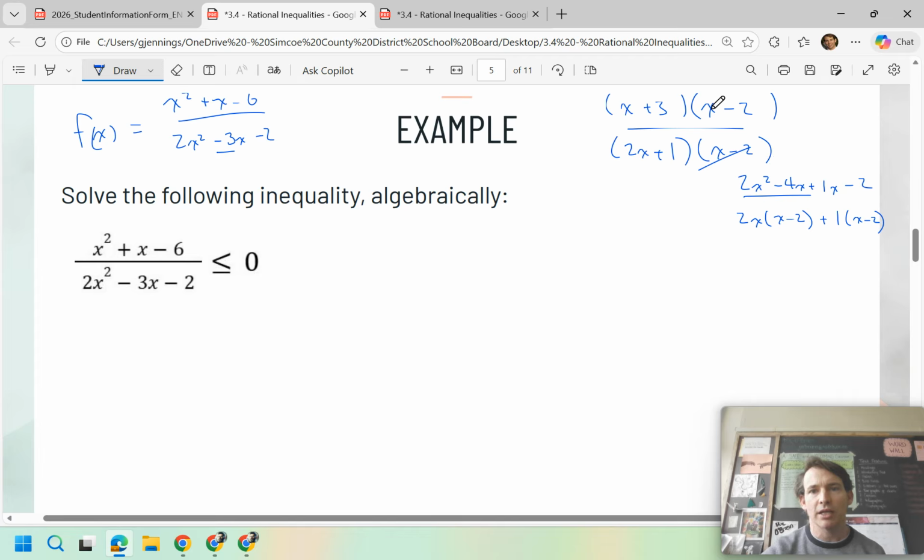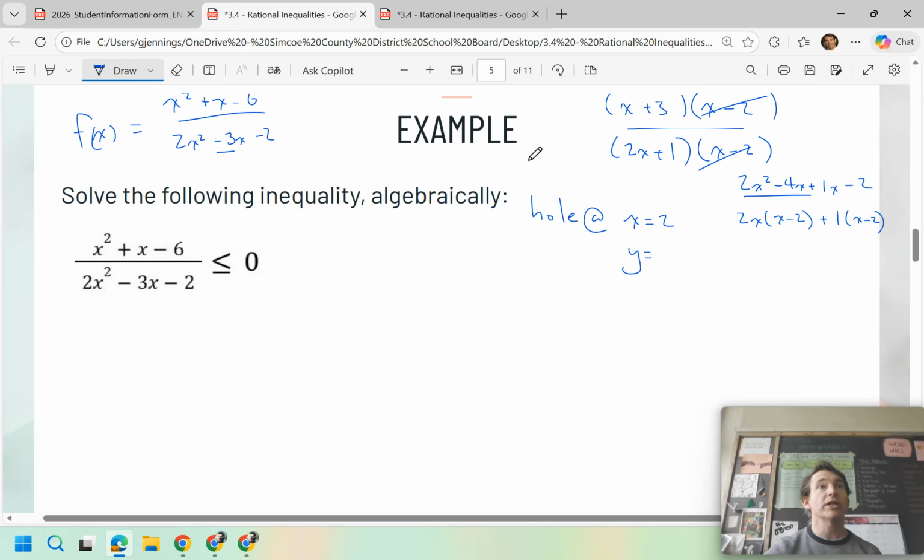And then we get here, what happens when we do that? We get a hole. Good. So in this function we have a hole at x equals 2 and y equals what? How do we find the y value of the hole? Plug the x value back in.